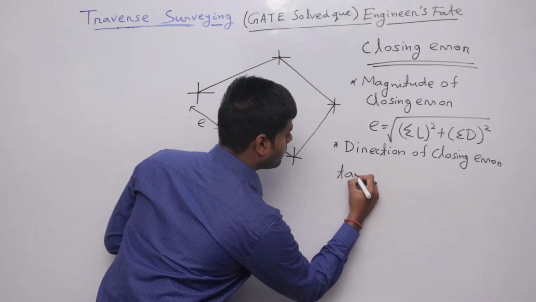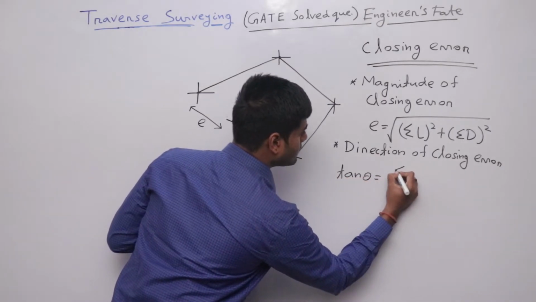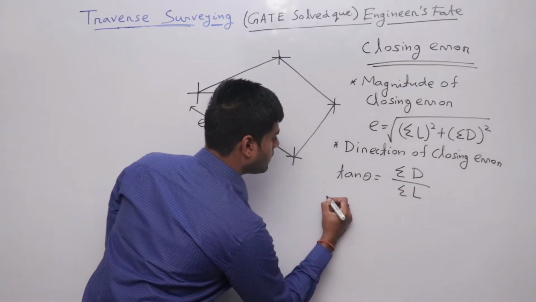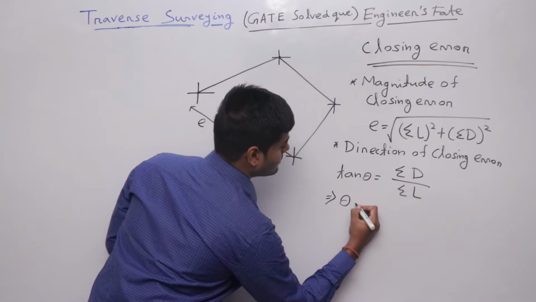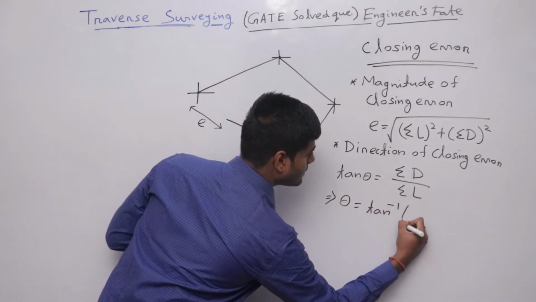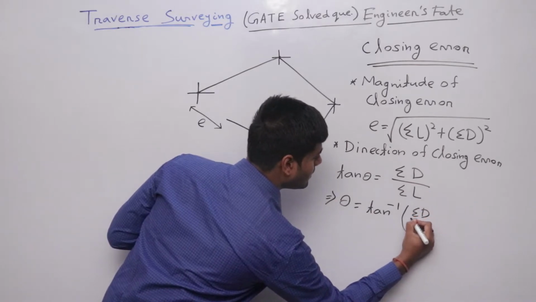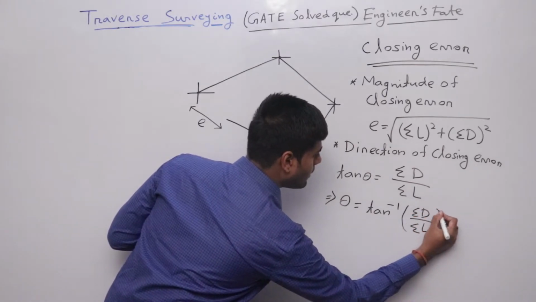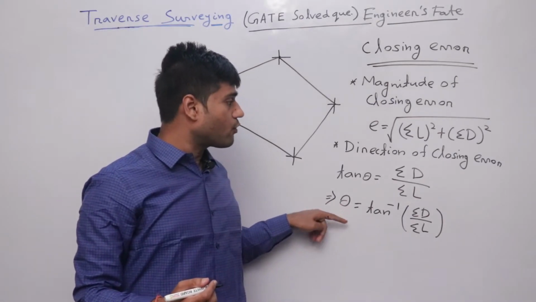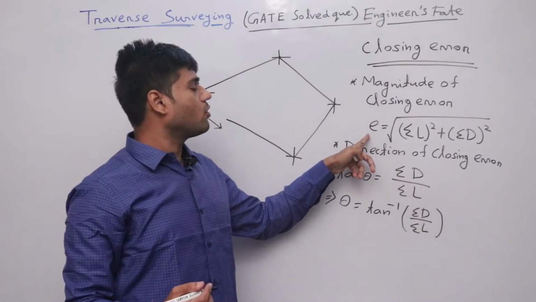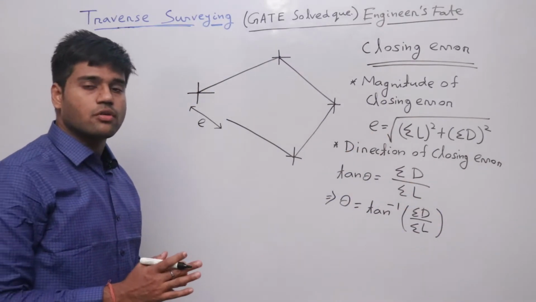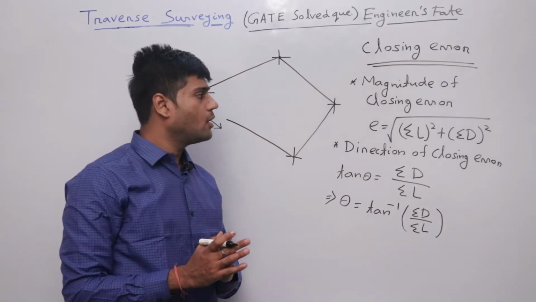So tan theta equals summation of departure divided by summation of latitude, which implies direction theta equals tan inverse of summation of departure divided by summation of latitude. So this theta is known as the direction of closing error, and E is known as the magnitude of closing error, that is the square root of (summation of latitude) squared plus (summation of departure) squared.